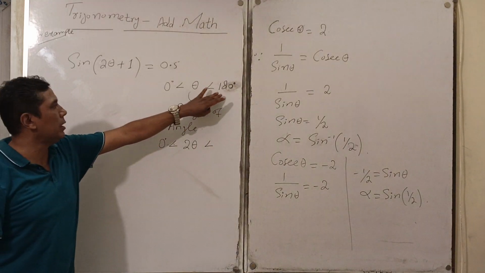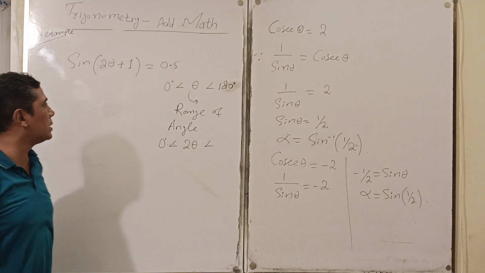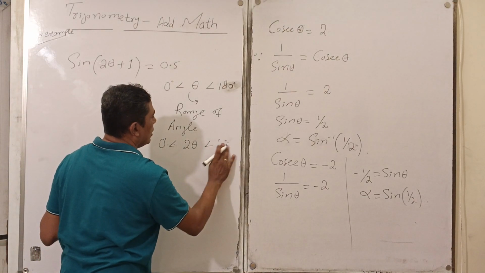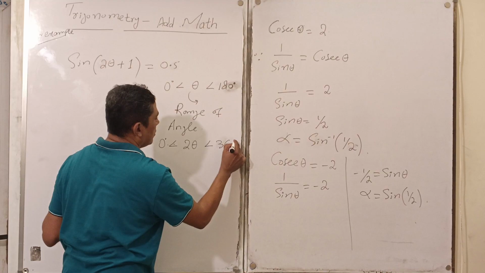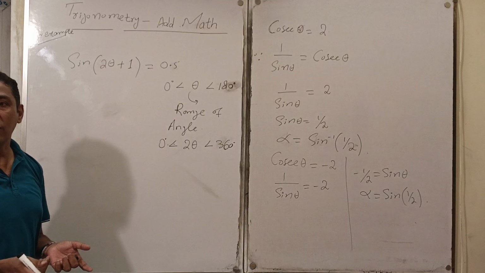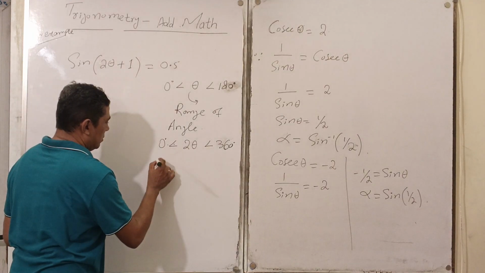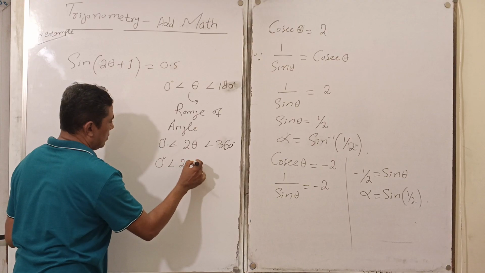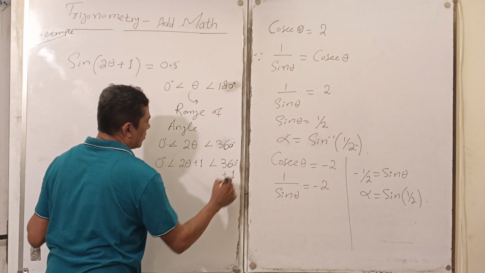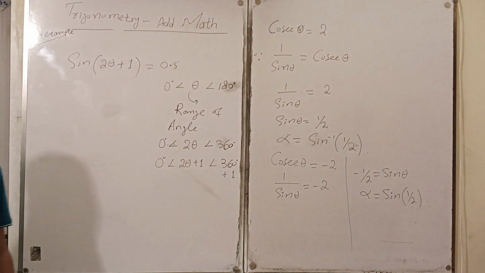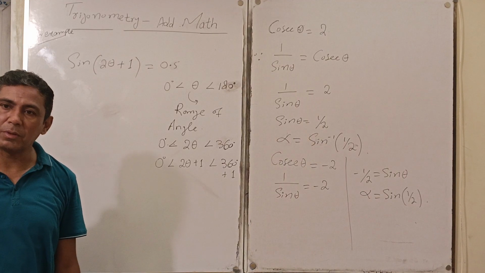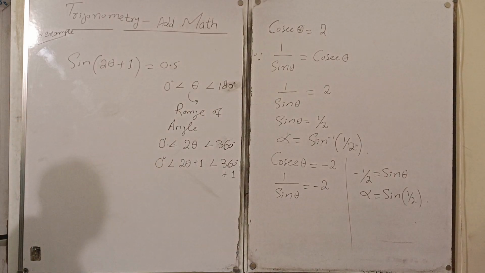That's why I have taken 360 degree here. Now add 1, so it goes from 1 till 361. Clear? That is 2 theta plus 1.